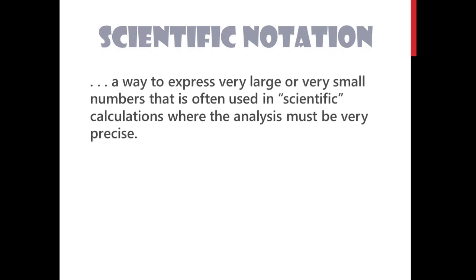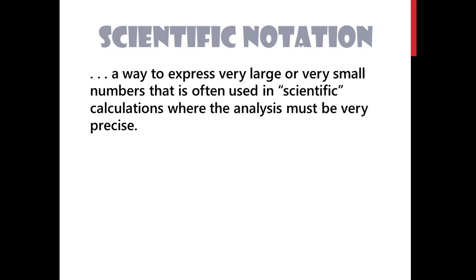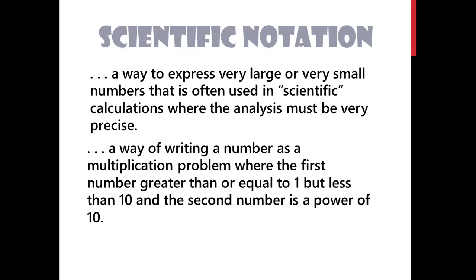Scientific notation is a way to express very large or very small numbers that is often used in scientific calculations, where the analysis must be very precise. It is also a way of writing a number as a multiplication problem where the first number is greater than or equal to 1 but less than 10.